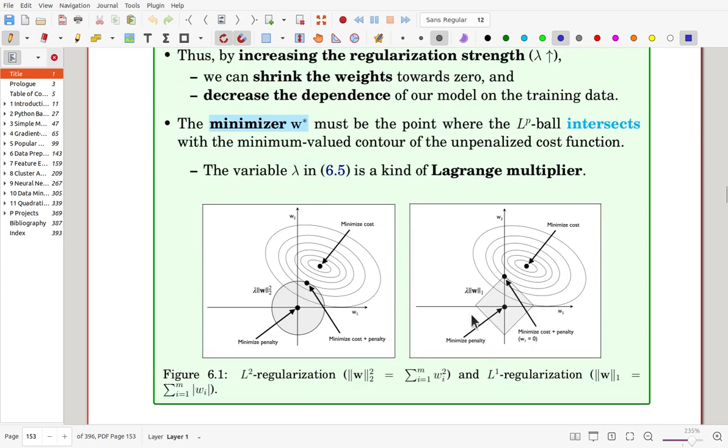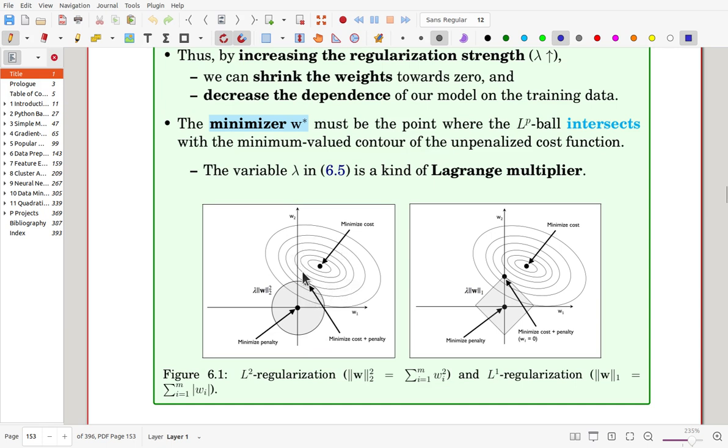Pictorially, that is the original cost function, and this is the contour plot, and this is the original minimum. Now, that is from the penalty term. Then, once we make the contour plot again, the minimizer must be the point such that this circle is intersecting that curve.